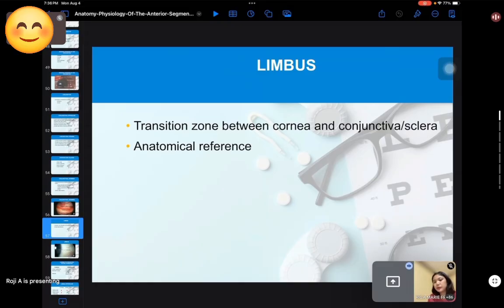Which is a transition zone between the cornea and the conjunctiva or sclera. So meaning to say, it's like this. Rika, it's like saying from Canada to the US, there's that boundary.